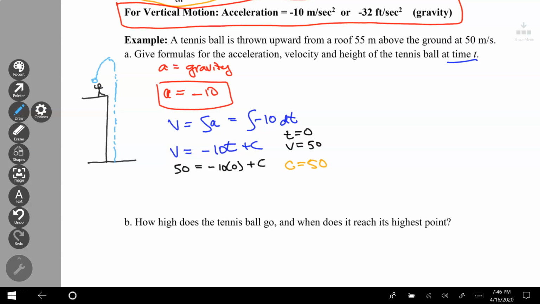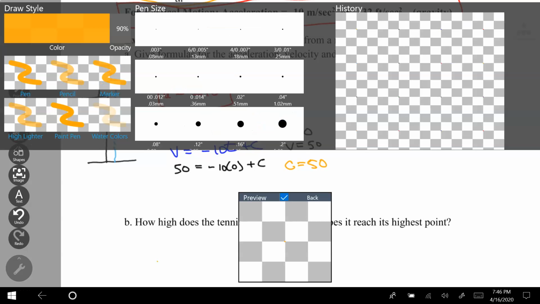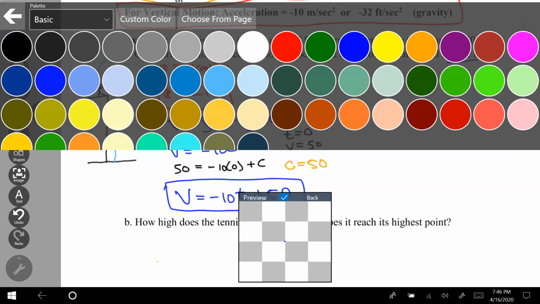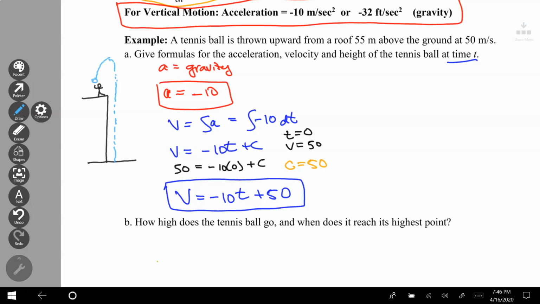So my velocity equation is negative 10t plus 50. Now I have to figure out my height, or my displacement.